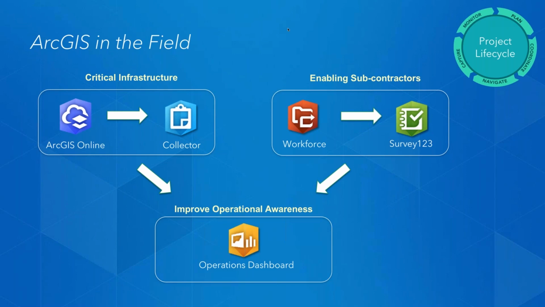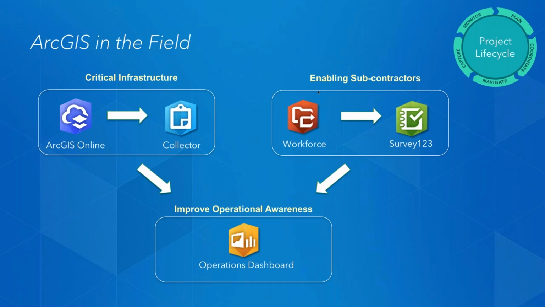Collector and Survey 123 are designed to help you capture information as you're out doing your data collection or data inventory projects, or as you're maintaining existing infrastructure. We didn't really focus a lot on Navigator at all. Navigator is really designed to help you get to the right location, and it integrates with all of these other apps as well.